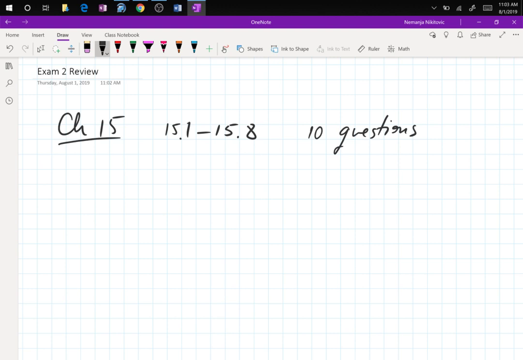So starting with the graphs and level curves. Number one, you must know the definition of a multivariable function verbatim. Goes for everyone.